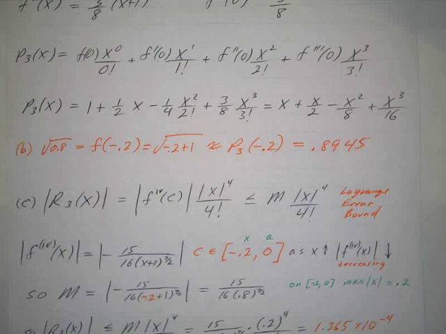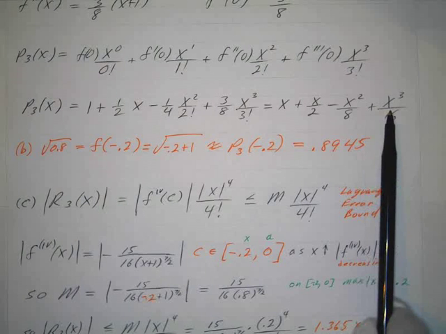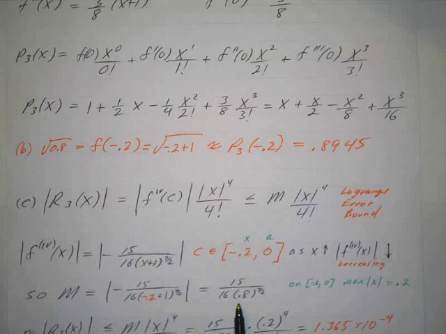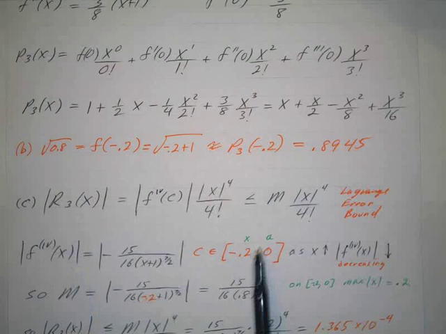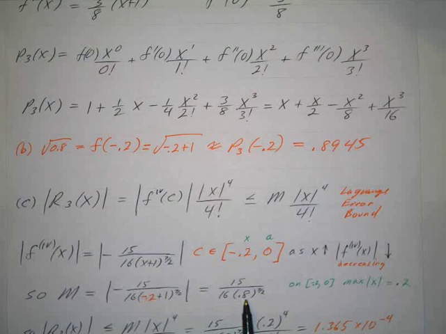So if I put this in, like I said, the expansion is a little bit easier, but then this part's a little bit harder, but you end up with the same thing. You get it at 0.8, so it works out the same. Because negative 0.2 plus 1 is 0.8, and since it's decreasing, this will be the maximum value of the upper bound for the derivative, so it ends up being the same.